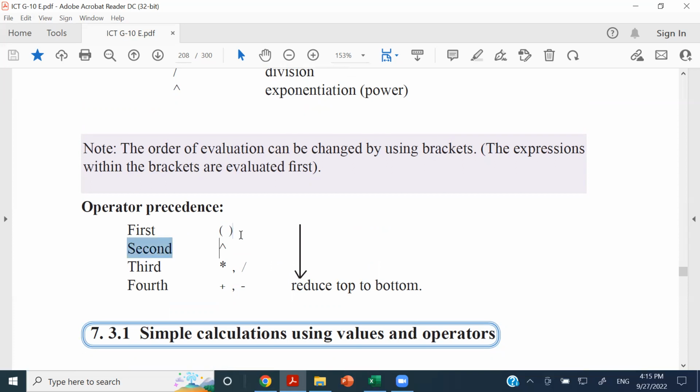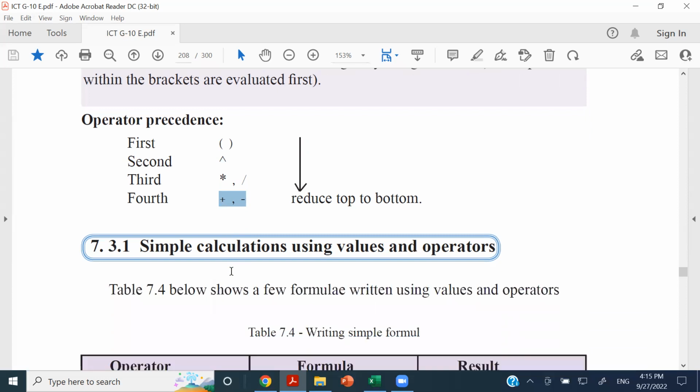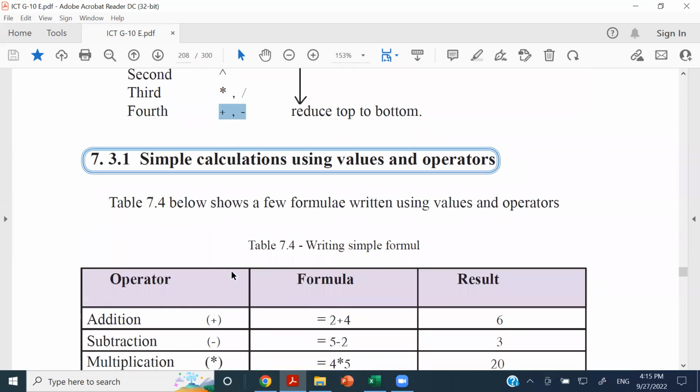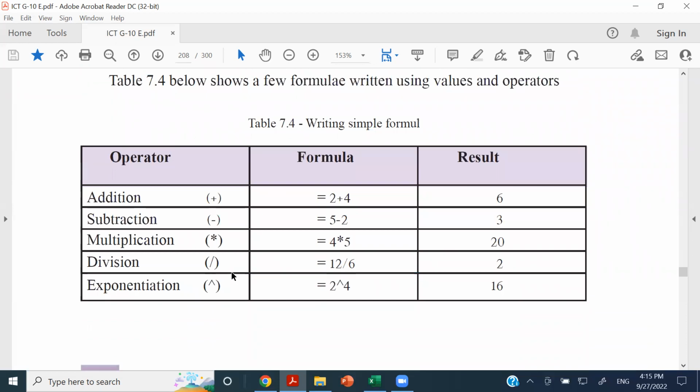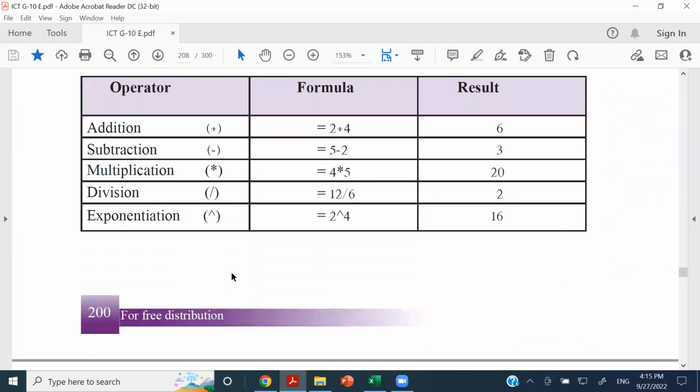All right, so first the brackets, then the power, then the multiplication and division. The final priority is given to the positives and negatives. All right. So whenever you are finding a formula like this, you have to go through the priorities of the particular equation.